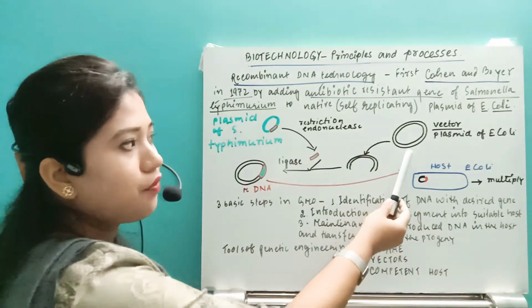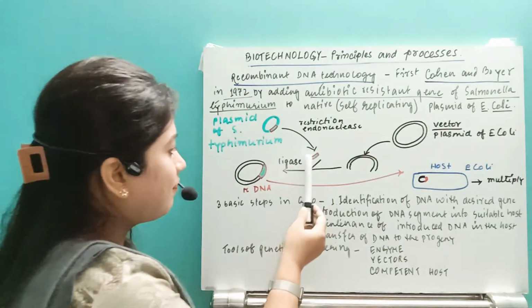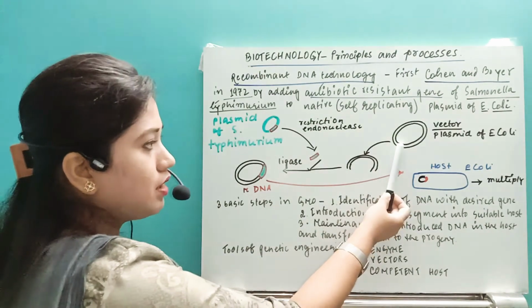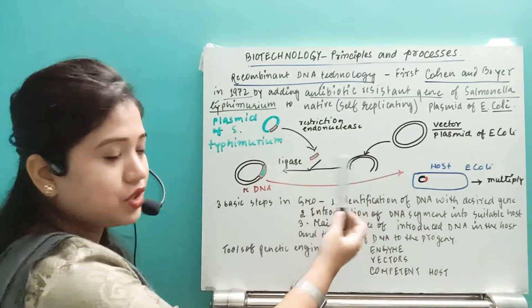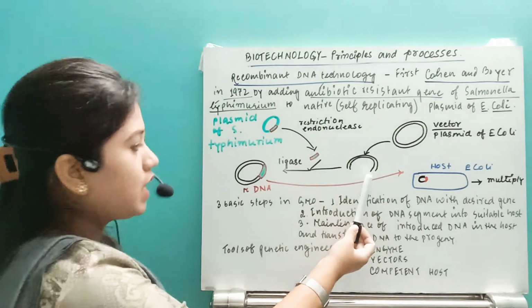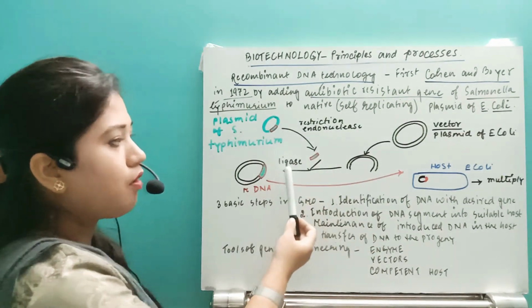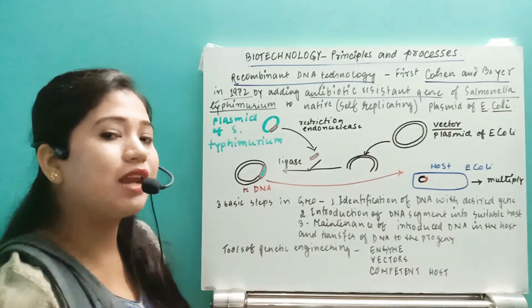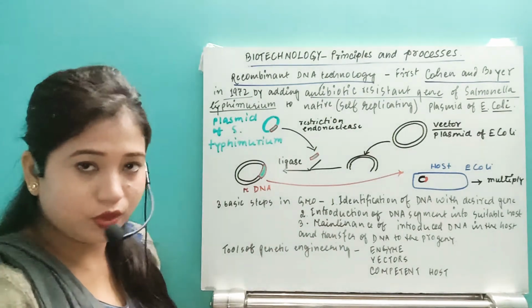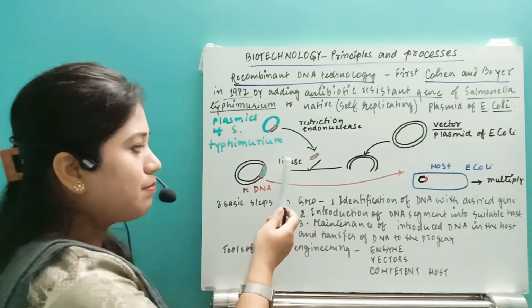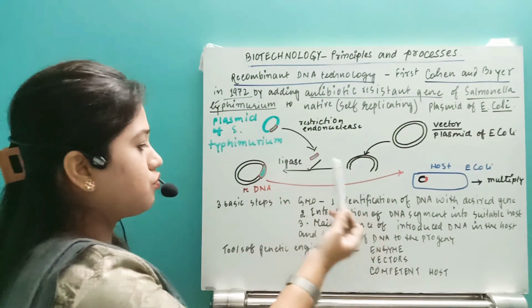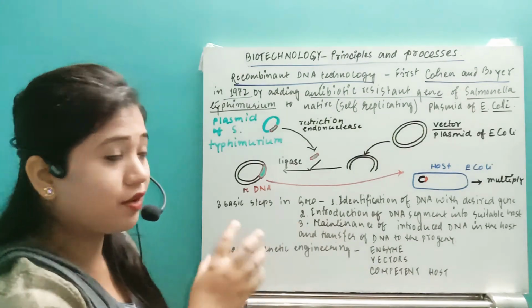So we will first of all select a vector and fit that gene fragment into the vector. First of all, we have to cut the vector with the help of the same restriction endonuclease. Then once again, with the help of an adding enzyme, that is the ligase enzyme, which will help in adding or gluing, the desired gene fragment will be attached into the vector.